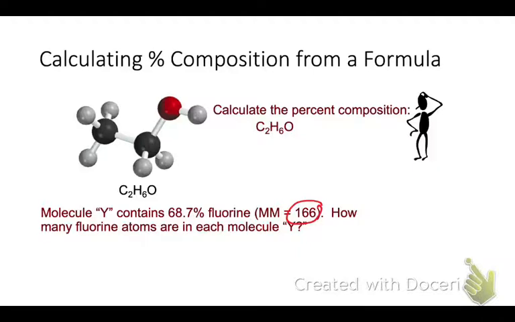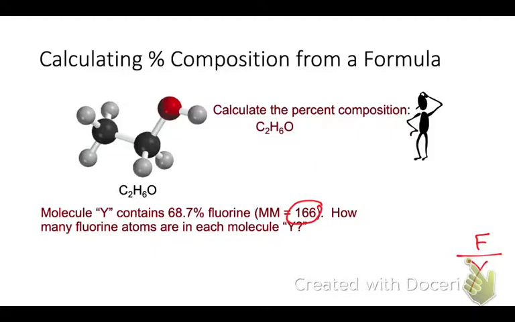So the easiest way in those questions is to understand what your target is, what you need to really solve. At the end of the day, what they want is how many fluorine atoms there are. Let's just do this: how many fluorine atoms are there for every one Y compound?